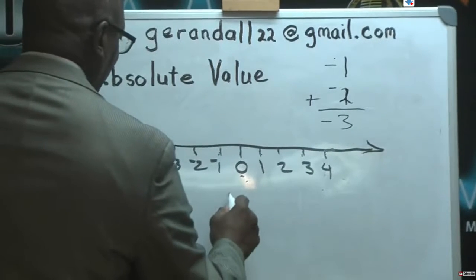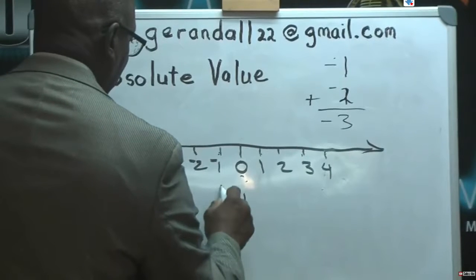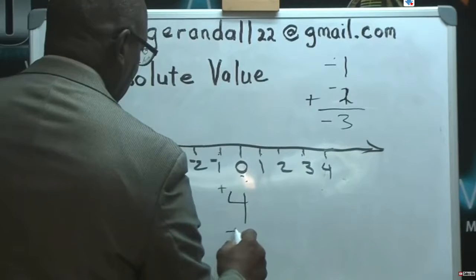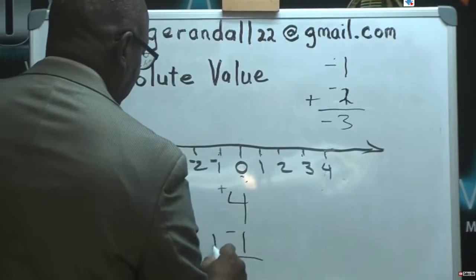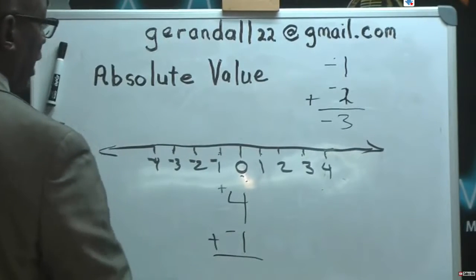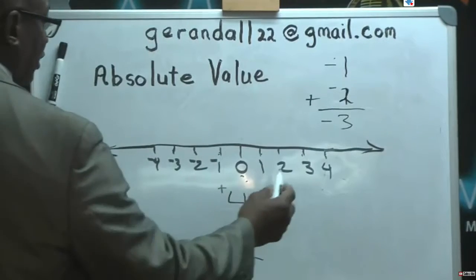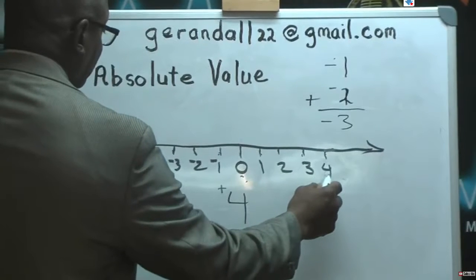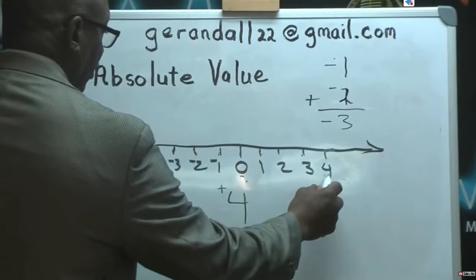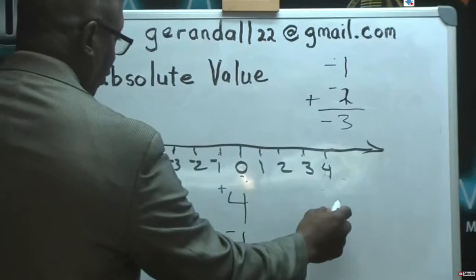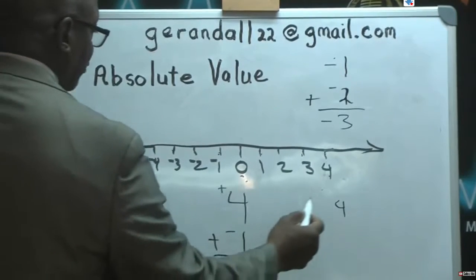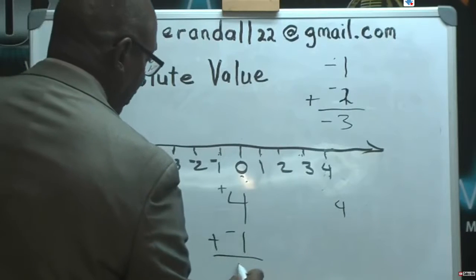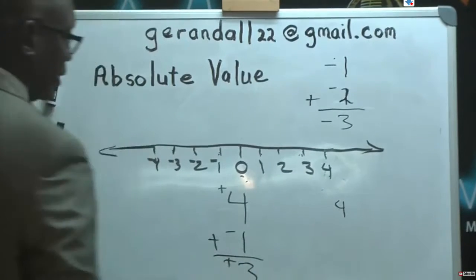However, if we had a plus 4 and we're adding a negative 1, again, I'm showing you this on the number line, we go 4 units to the right for the 4, and then we add a negative 1 and go back 1 unit to 3, and the answer would be a positive 3.